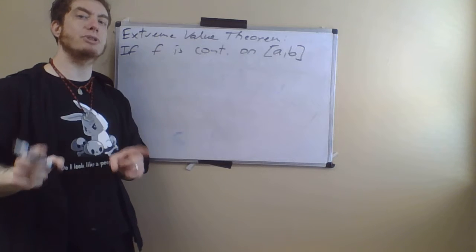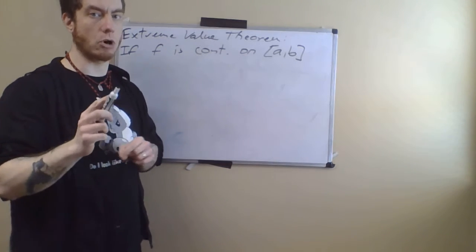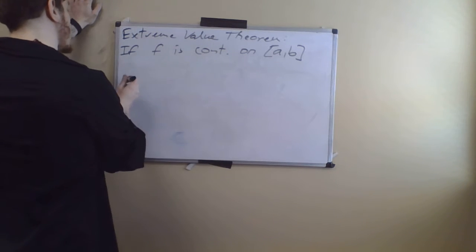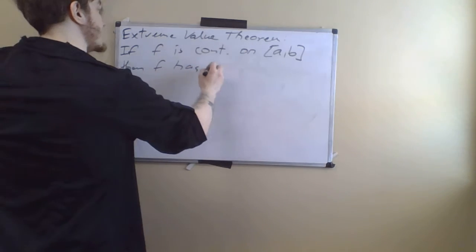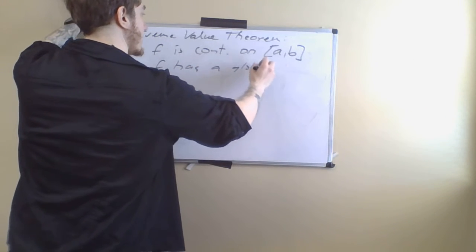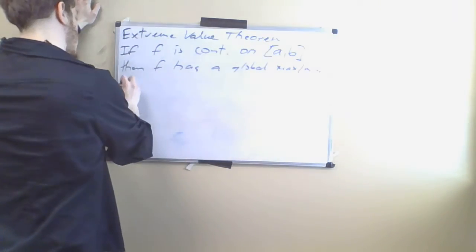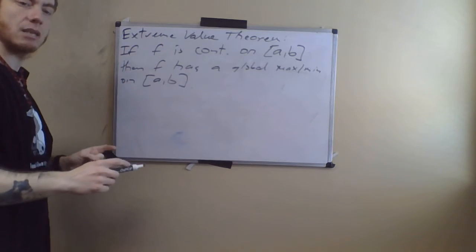On an open interval, this doesn't work. And I will show you an example of why it doesn't work in a moment. If it is continuous on A to B, and A to B is closed, then f has a global maximum and minimum when we restrict it to the interval from A to B.